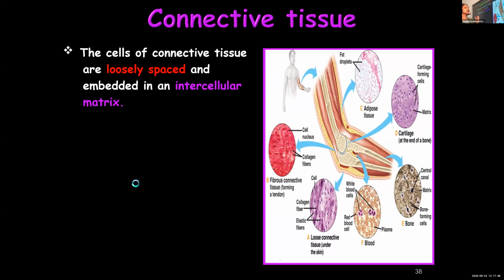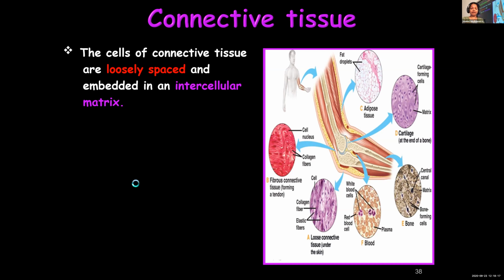The cells of the connective tissue are loosely spaced, which means they are arranged with gaps in between. They are widely spaced, not tightly packed. That is the first point you should know. In connective tissue, the cells are loosely spaced and embedded in an intercellular matrix. Intercellular means in between the cells.